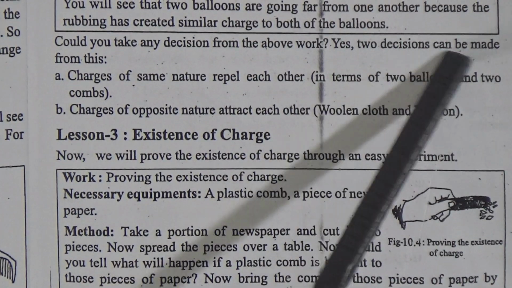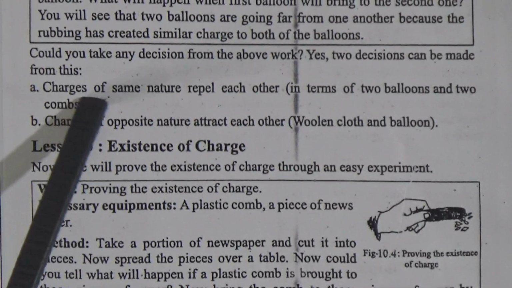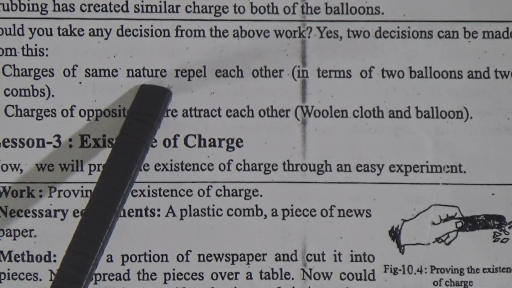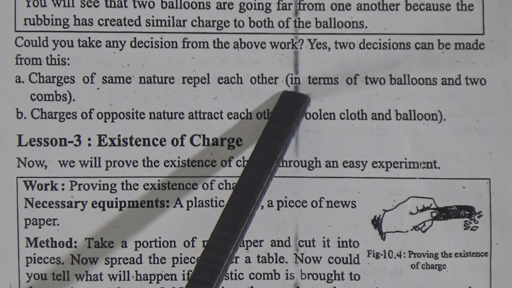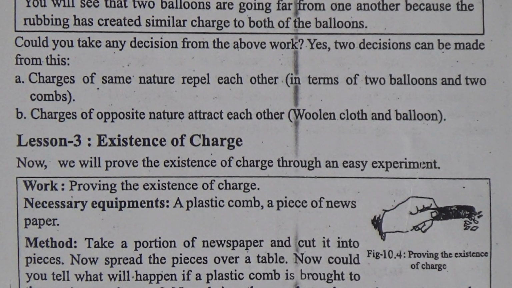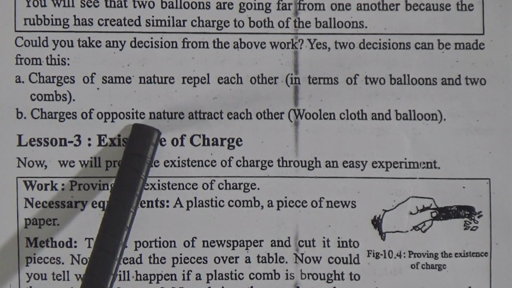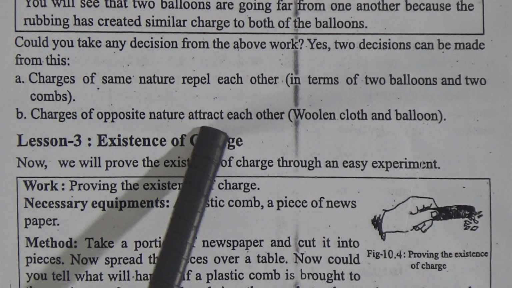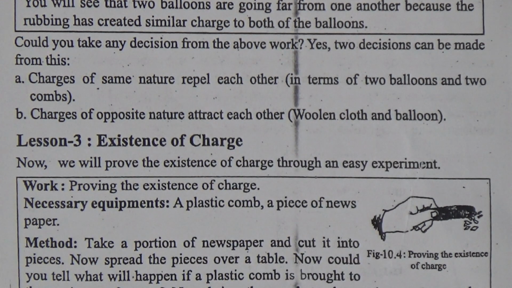Yes, two decisions can be made from this. Number one is, charges of same nature repel each other, in terms of two balloons and two combs. And the second one is, charges of opposite nature attract each other, woolen cloth and balloon.